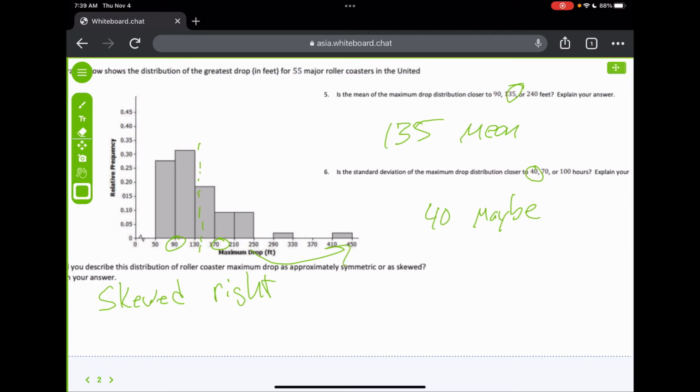That's going to mess with your standard deviation a good bit because of this one out here. So it may be 70. Probably because of that, I may even say that it is 70, just knowing how far away that last one is. It's kind of hard to tell when you don't have a symmetrical distribution.